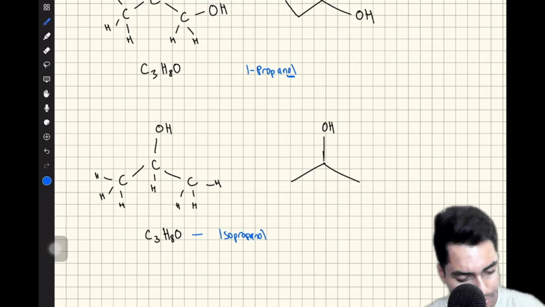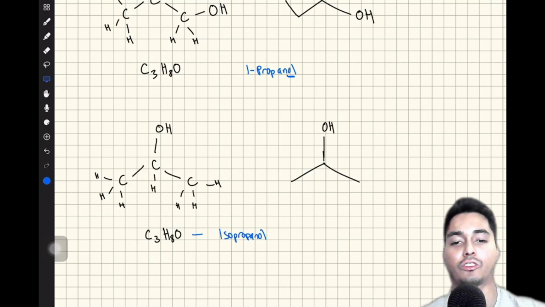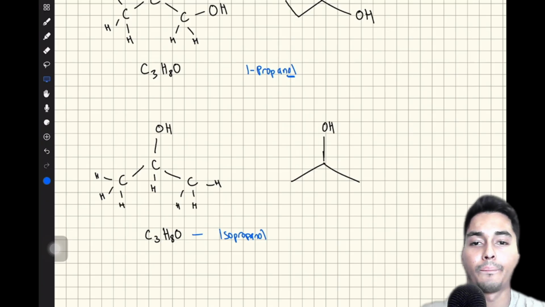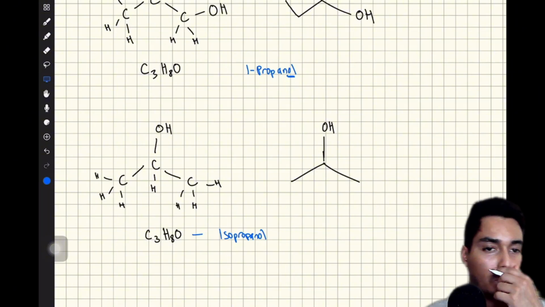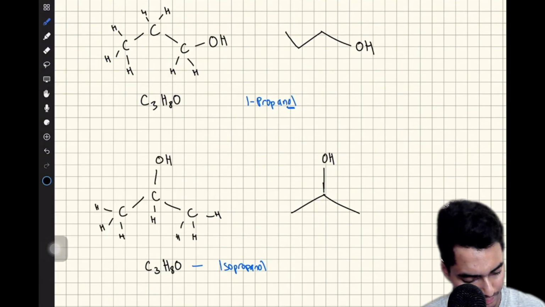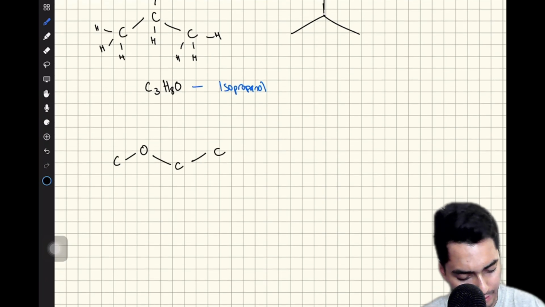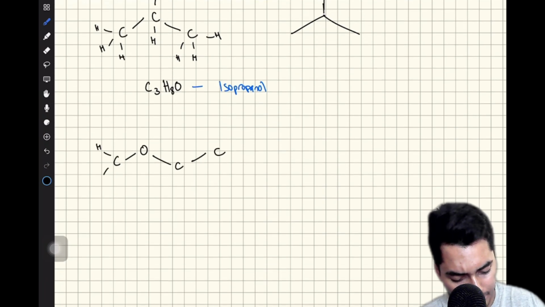Okay, but notice that they are indeed isomers of each other. Same formula, different structure. The last isomer is, suppose I have our carbon bonded to our oxygen directly here. And it's kind of hard to explain how I'm thinking of these.